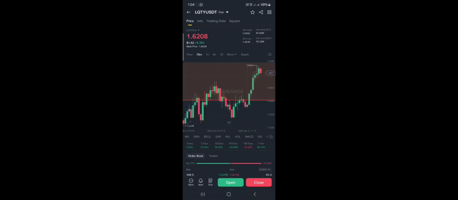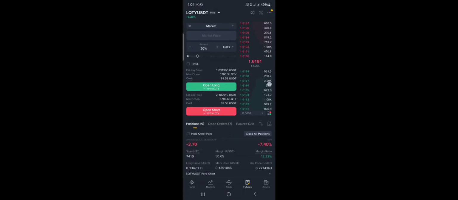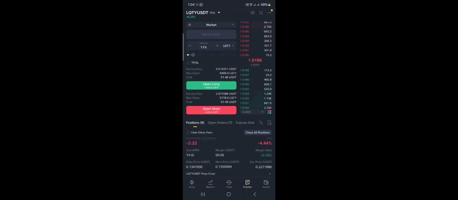I can go ahead and enter this trade like this. I will enter this trade with $50 margin, 20x leverage. I'm going to enter this trade now.